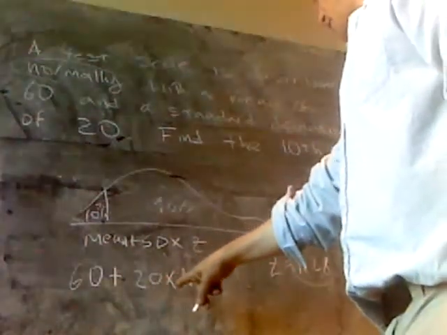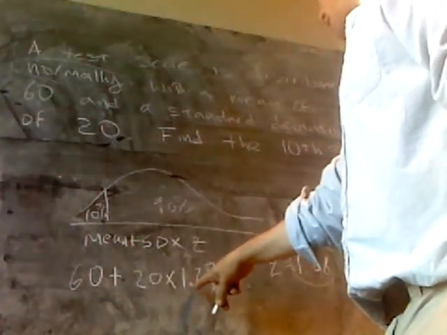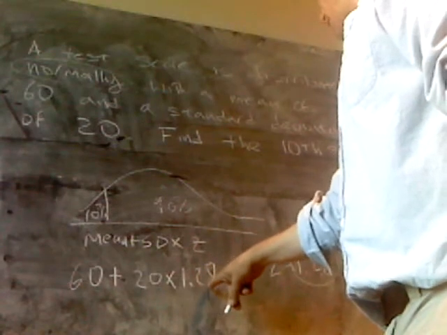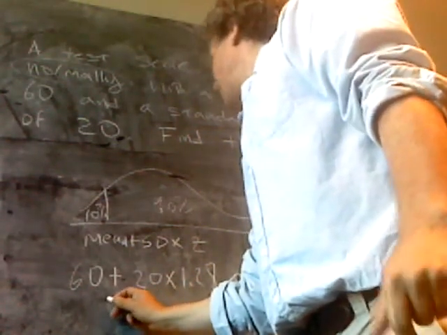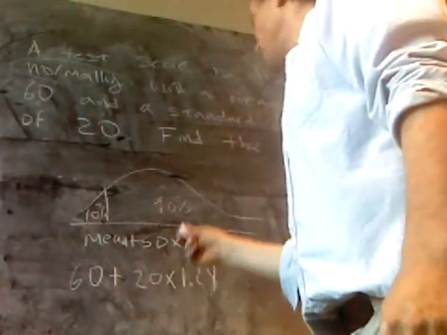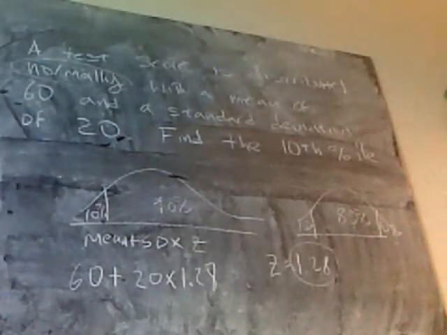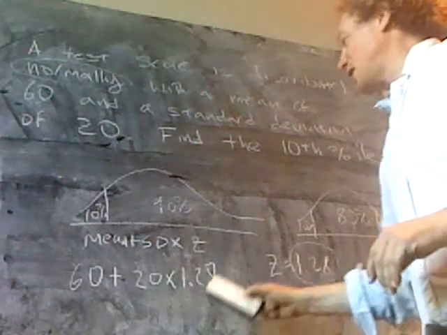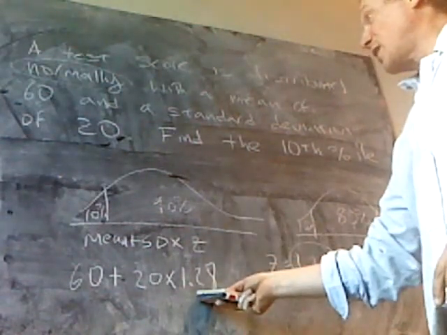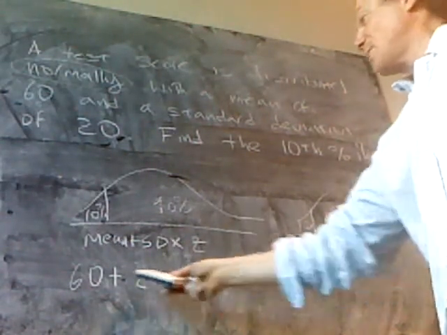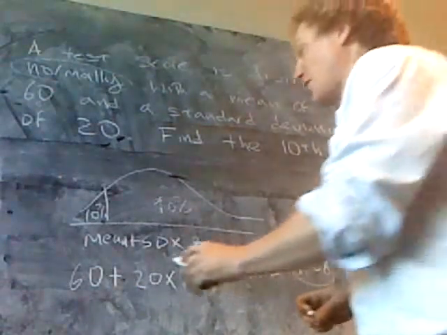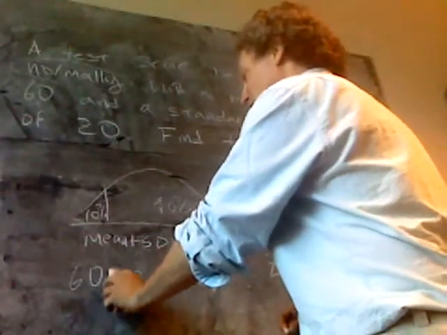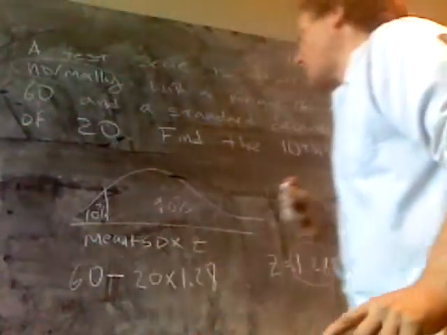So what does that work out to? That works out to 25.6. So that would be the test score for the 10th percentile. Oh, except I'm lying to you. I'm sorry, because that would be the 90th percentile that I'm figuring out right now, because I'm making it higher than the mean. To get the 10th percentile, I should have been subtracting.